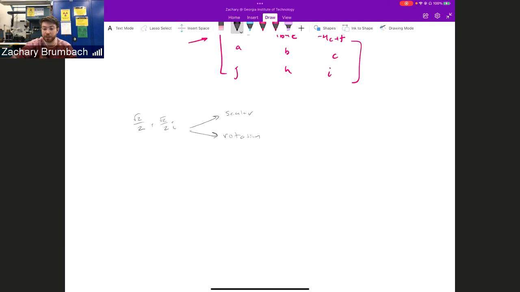If this is your real axis and this is your imaginary, this angle is your rotation component, and the scalar is how long this part is. For this particular one, the scalar is ×1, and the rotation is 45 degrees. So for something that's rotating 45 degrees, we'll have √2/2 plus or minus √2/2 i, plus or minus in all cases.